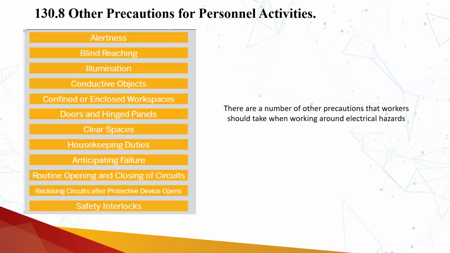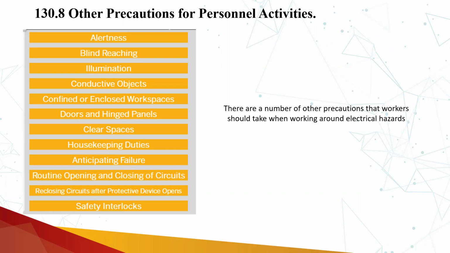Okay. Then 130.8 talks about other precautions for personal activities, like alertness. Those people who are working in the area where the task is being carried out should be alert of the hazards which they are dealing with, and also alert of any people or any unqualified person who can enter that particular area and cause distraction to them. Then blind reaching.